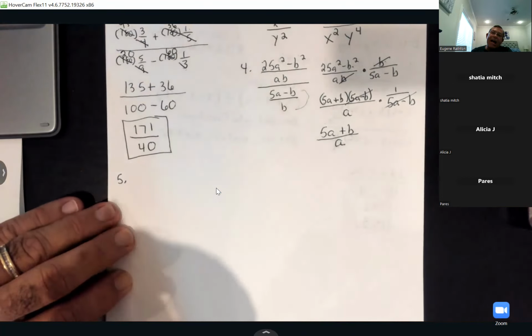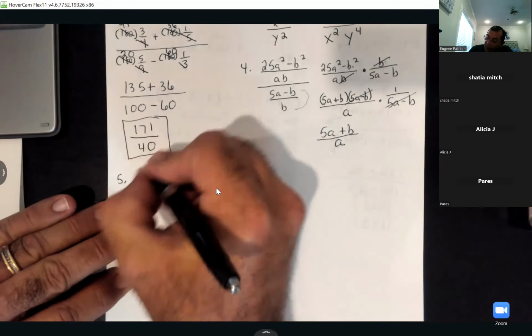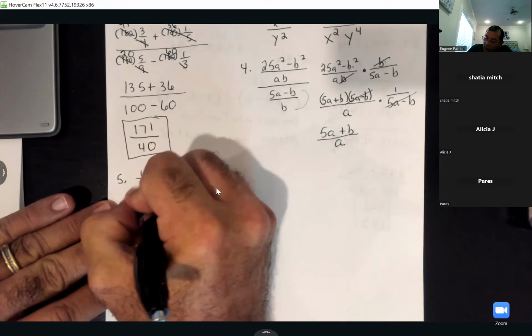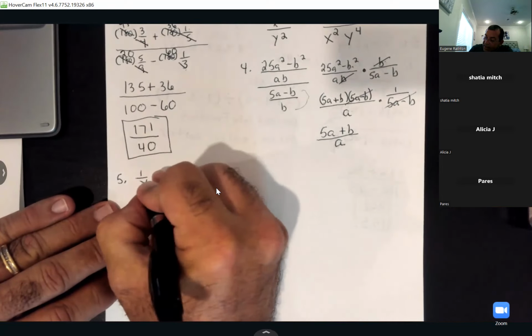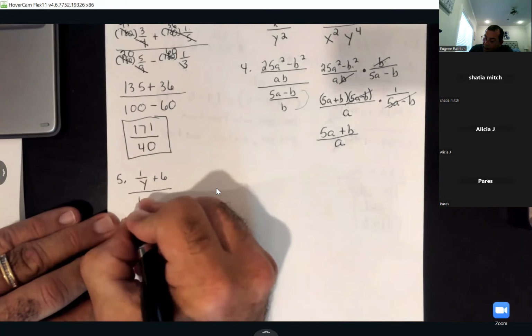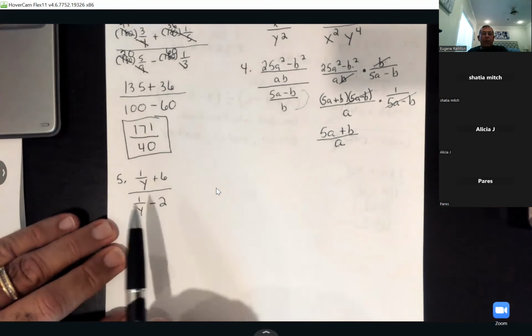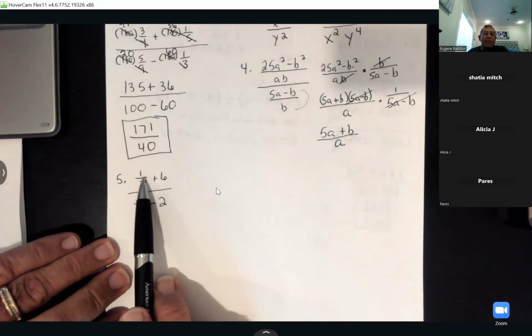All right, so 5 will be like number 1 and 2, but it's going to have variables in it. I got 1 over y plus 6 over 1 over y minus 2. So notice this one has different parts on the top.